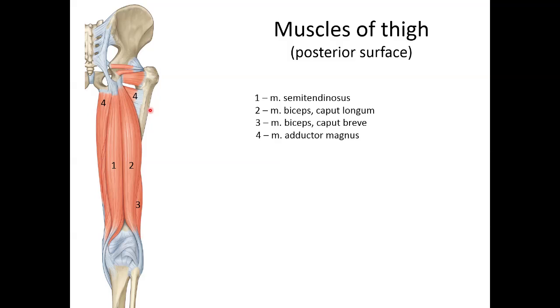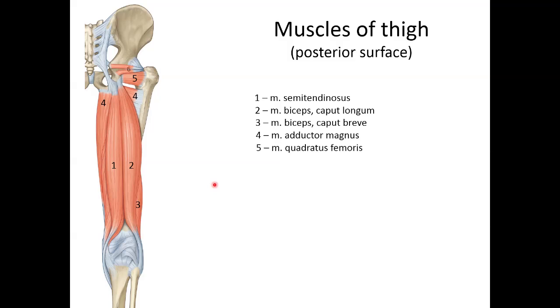So adductor magnus could be seen from the posterior view if we try to pull the semitendinosus and musculus biceps femoris. Then number 5, what is it? Number 5. It's musculus quadratus femoris.